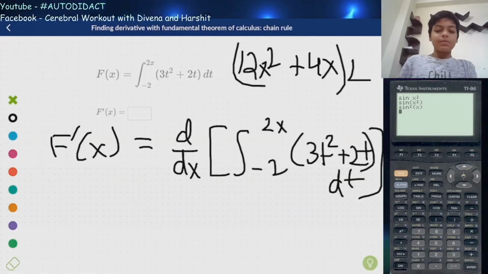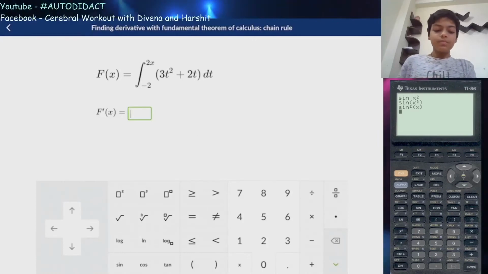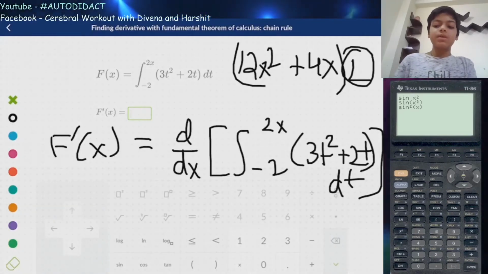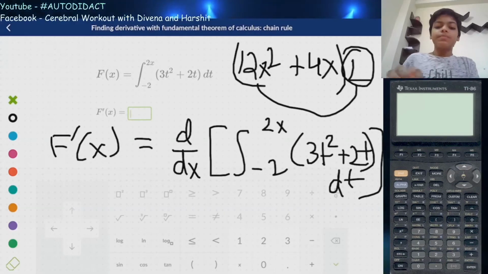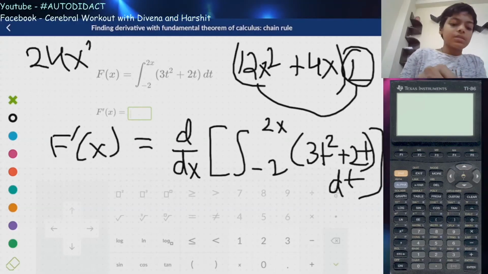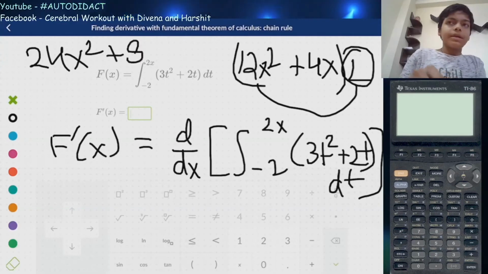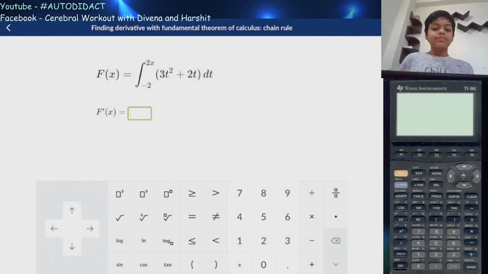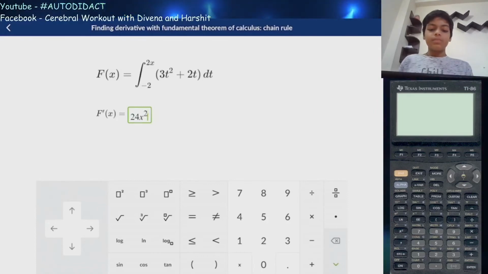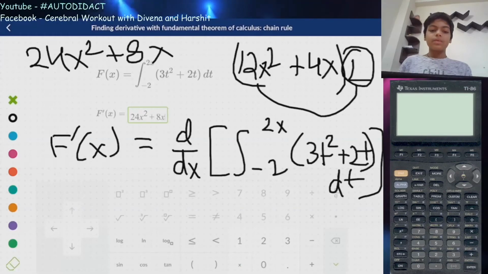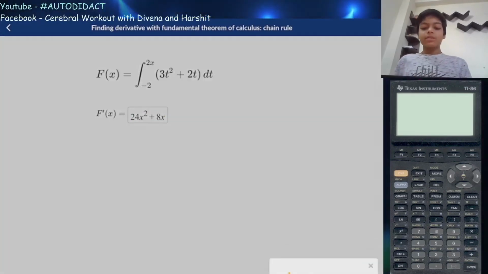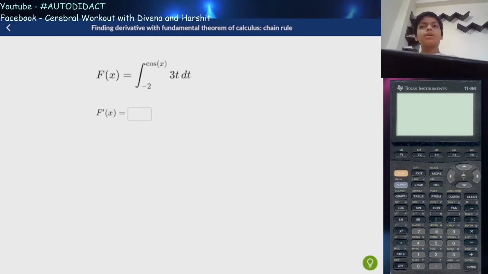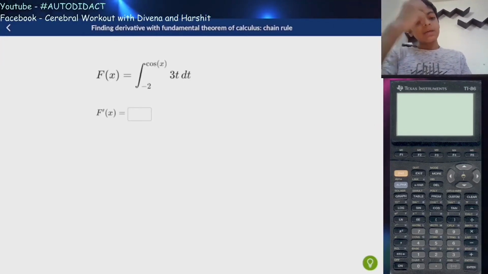So this is 12x squared plus 4x, times 2. We can distribute the 2 to get 24x squared plus 8x. Let's check our answer. Correct.